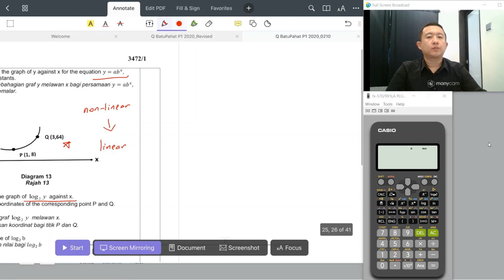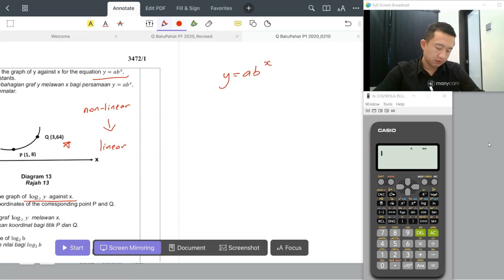Okay, so we start with the non-linear equation, and then your goal is to change to log 2y against x, vertical and also horizontal axis. So you can have a look at the expected output. With log 2y, you need to include log base 2. So log 2 you can put on the left hand side and therefore the right hand side.